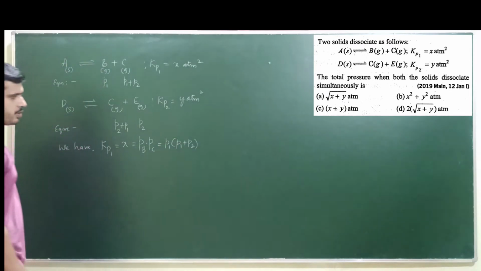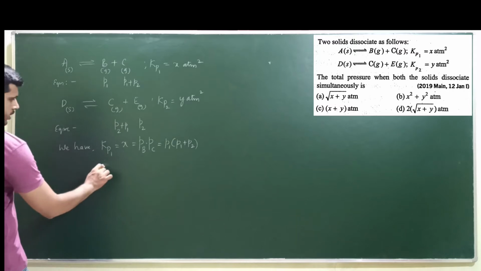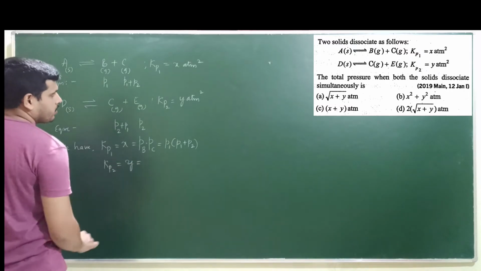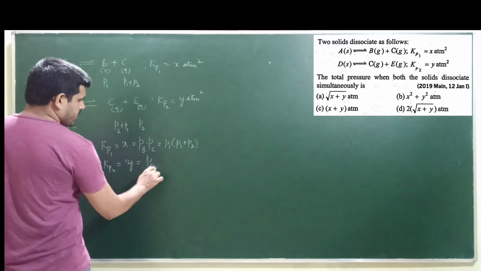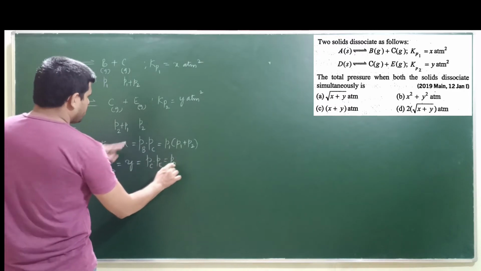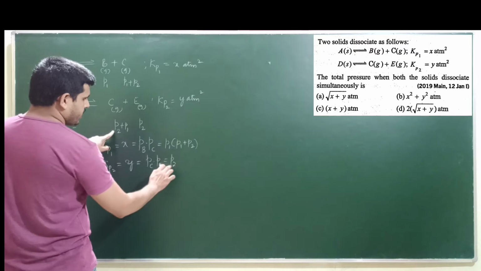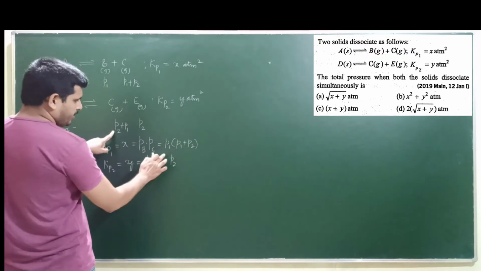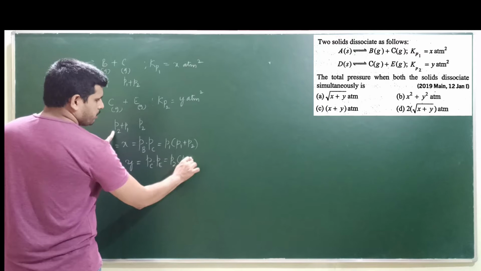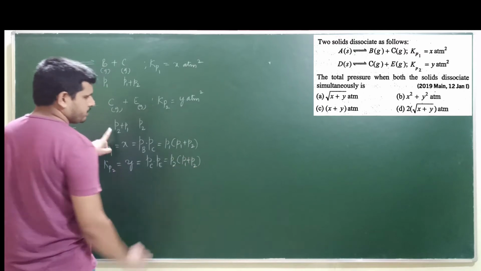Do you agree? That is equal to X. What about Y? Kp2 is equal to Y, that is equal to the pressure of C into the pressure of E, that is P2 into P1 plus P2. I hope you understood this.